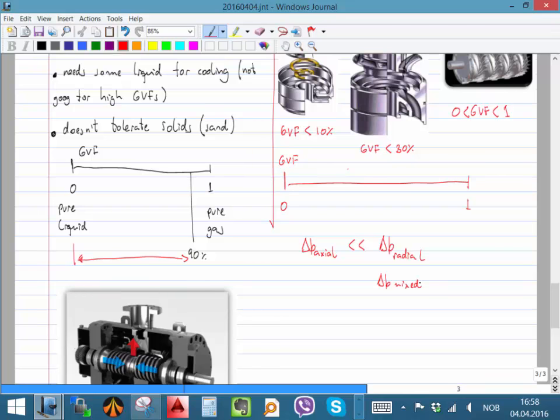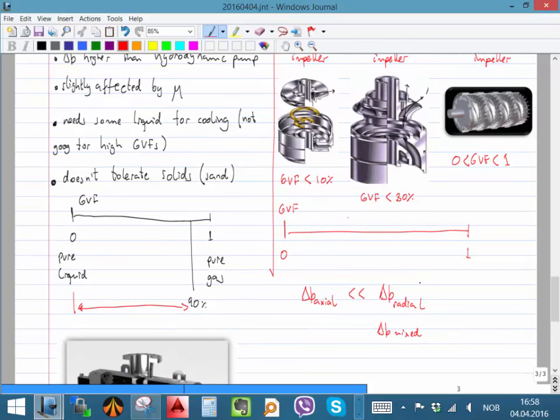Okay, if I want to achieve the same delta P, I have to put more stages. More stages means putting the machine longer. Longer means more material, more possibilities of failure, more structural problems, more costly the equipment. Okay, but if I use these kind of machines, then they will have a higher delta P, but if I have some gas, it's going to cause troubles.